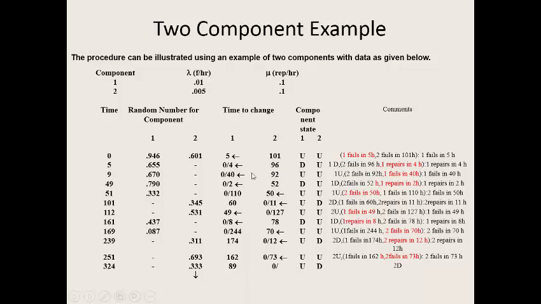And this component has now gone from the down state to the up state, so both components are now in the up state. This component's repair time has finished, and this one still has 92 hours to failure.